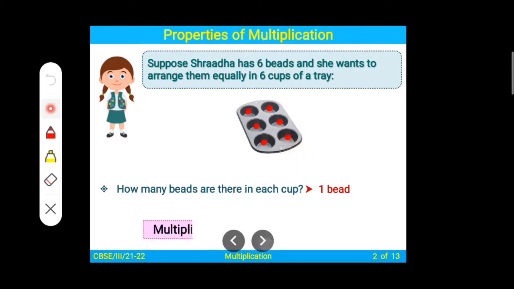So the first property of multiplication, the multiplication sentence, is like this: 6 multiplied by 1 equals 6. In 1 cup there is 1 bead, so in 6 cups there are 6 beads.